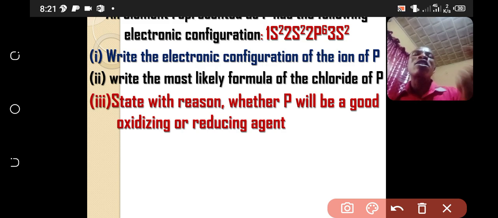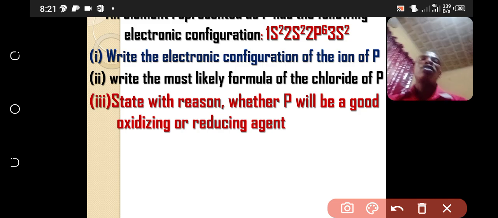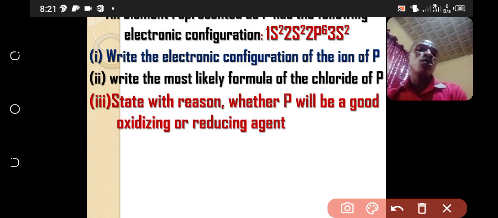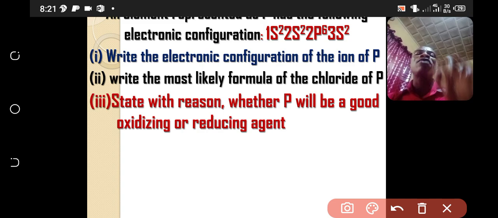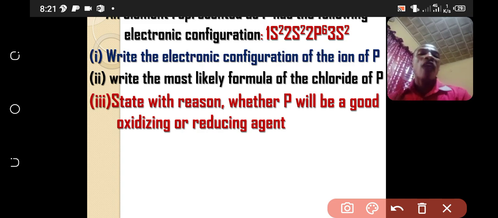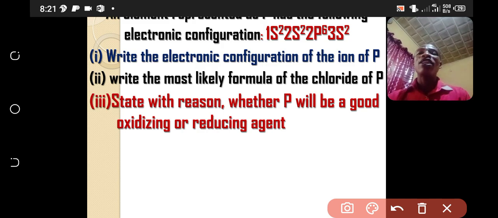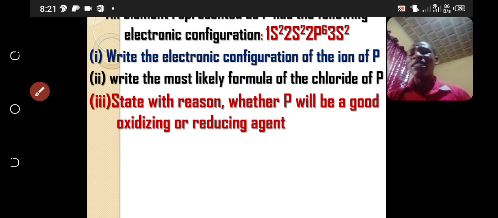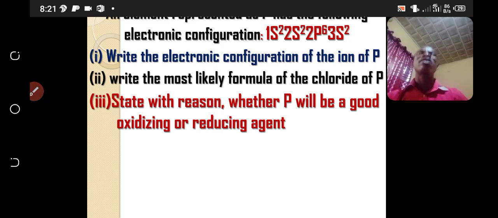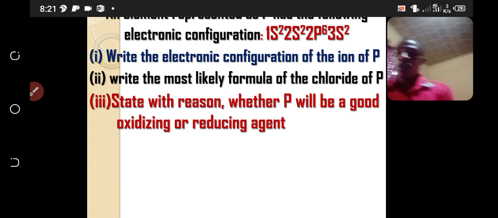So because P will form ions by losing electrons, 2 electrons for that matter, it's a good reducing agent. Substances that form positive ions from neutral atoms are reducing agents, because they will donate electrons before they can form a positive charge. When you lose electrons, you are a reducing agent. So the answer simply is that P is a reducing agent because it ionizes by losing electrons.